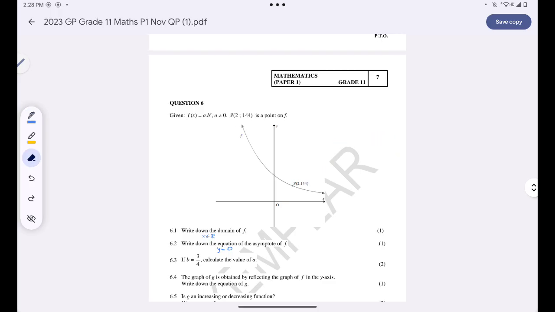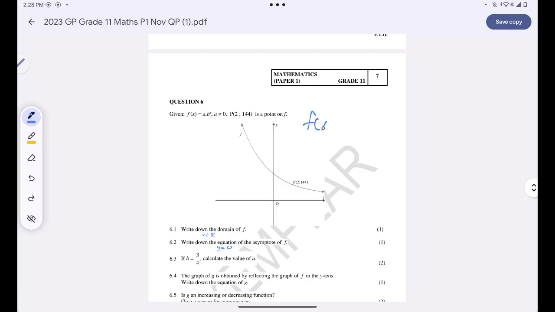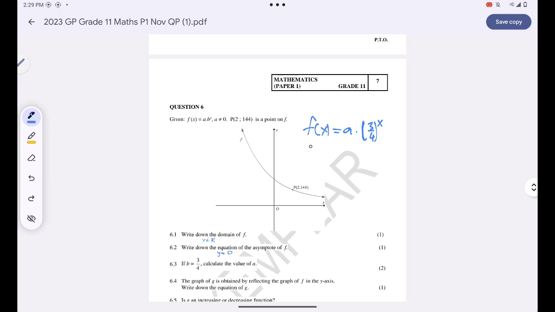And then 6.3, we are told that if b is equal to 3 over 4, calculate the value of a. I have f of x over there, a multiplied by the value of b, which is 3 over 4 to the power x. I'm supposed to find the value of a. I can substitute the point there on my graph. I know that y is equal to 144 whenever x is equal to 2.